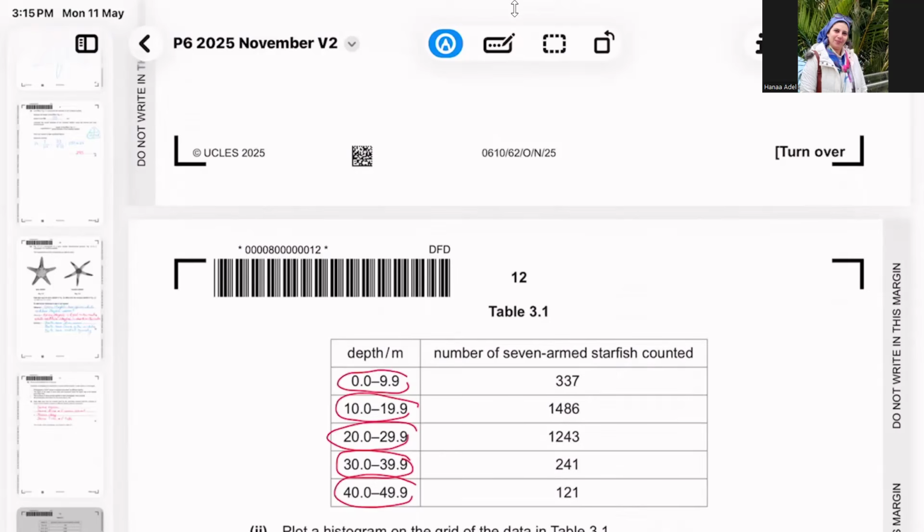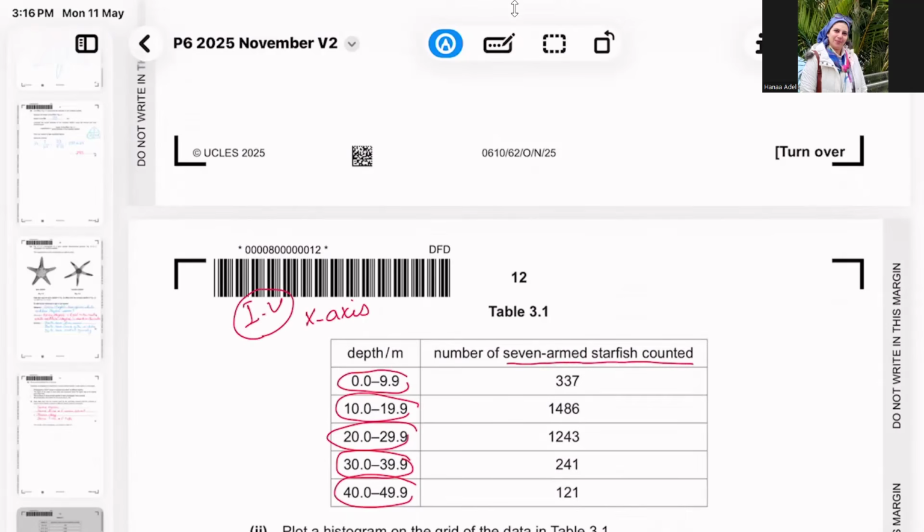There are no gaps between them, so it's a range by using the depth. We will put the depth on the x-axis, because this is the independent variable, the thing that changes, and we have to put it on the x-axis. And then we have to count the number of 7-armed starfish in this area.